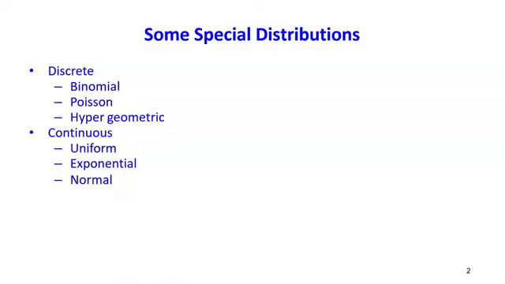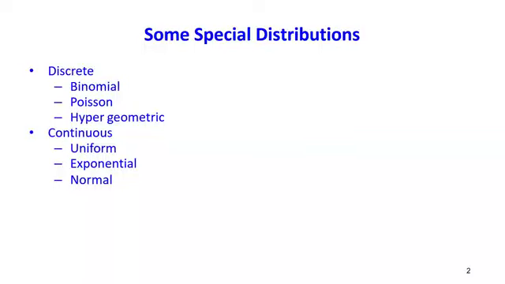Firstly, there is a high-level categorization. If the variable is a categorical variable, then we can use these discrete distributions. If the variable is a continuous variable, then we can use these continuous distributions. Again, among the discrete distributions, we need to decide whether to go with binomial, Poisson, or hypergeometric.